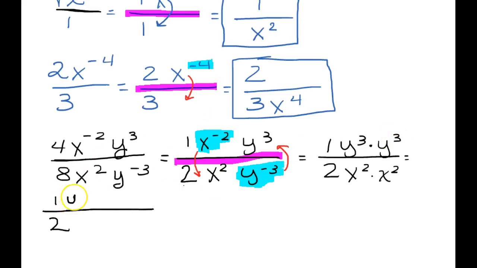My base is y. 3 plus 3 is 6. Here I've got x squared times x squared. My base is x. 2 plus 2 is 4. So this gives me my wonderful answer. You can have the 1 there, or you don't need the 1 there. It's up to you. Okay?